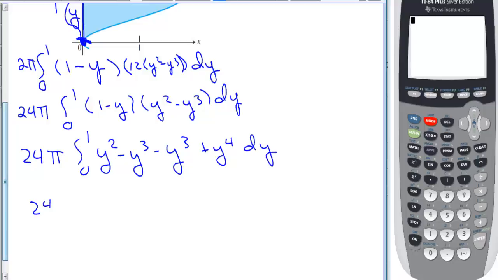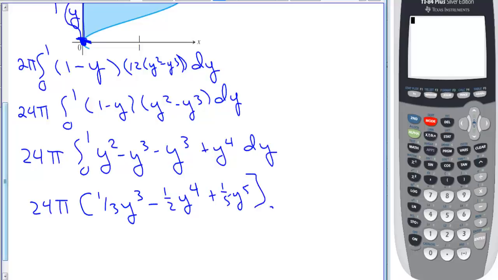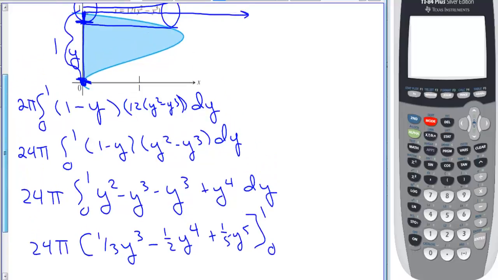So we have 24 pi, 1/3 y to the third minus 1/2 y to the fourth, right? Because I need a 2 there, and then plus 1/5 y to the fifth from 0 to 1. What was my b?